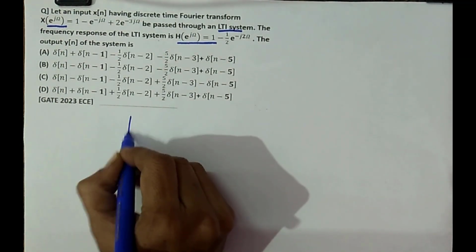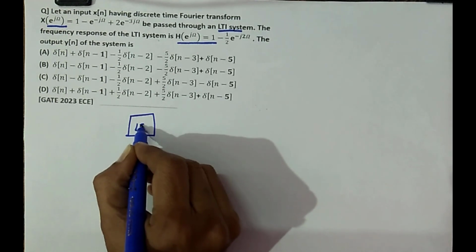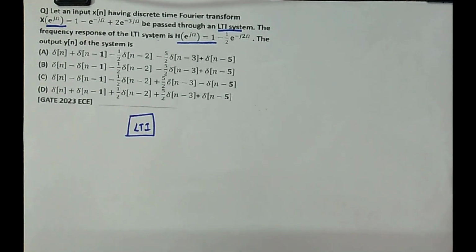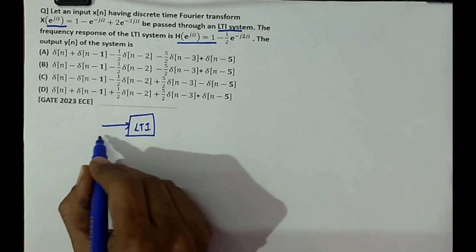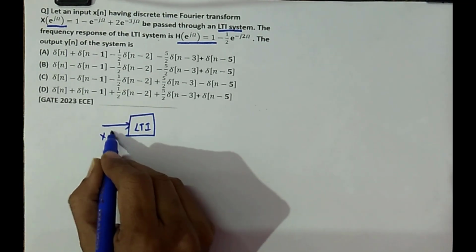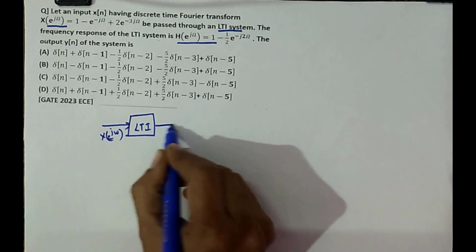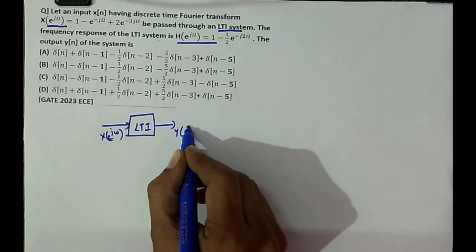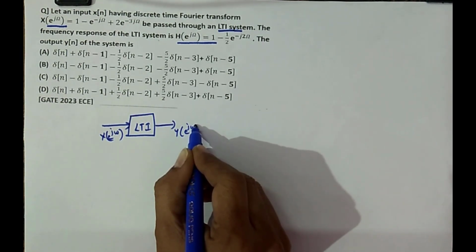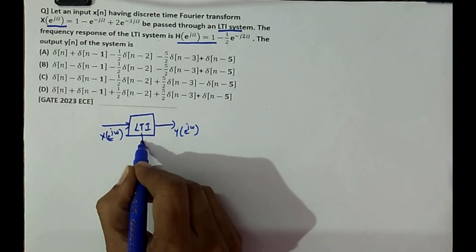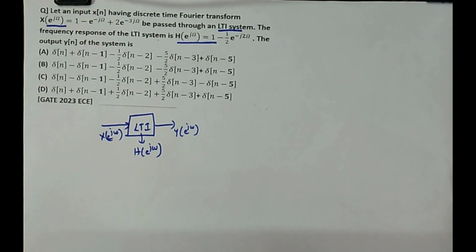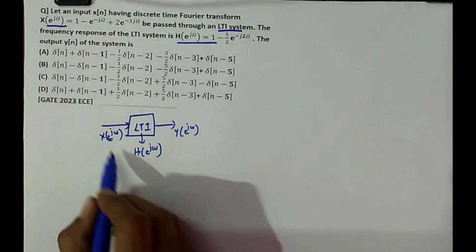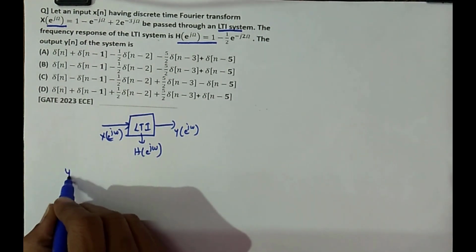You know, for the LTI system, if the input is x of e power j omega, the output is y of e power j omega, and the LTI system frequency response is h of e power j omega. These are all in the frequency domain. Then these three are related.